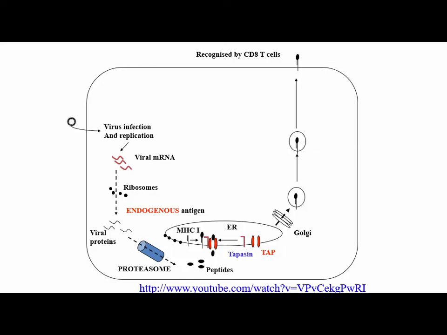If the virus is able to inhibit TAP, then the viral antigen or viral epitope is never able to be transported into the endoplasmic reticulum, therefore it never gets presented. So for that final part of your essay, I need you to talk about that.